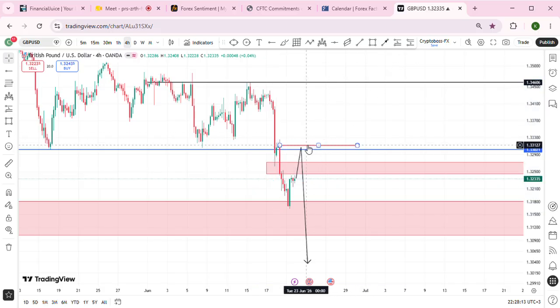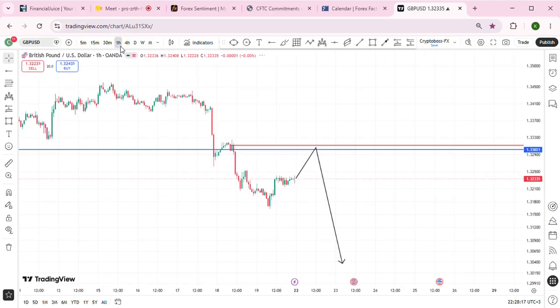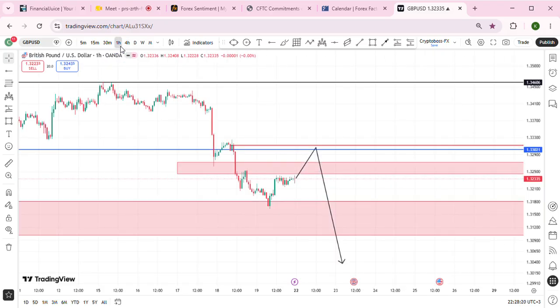That is on GBPUSD. So let's see whether 1 hour got something. So now coming to 1 hour, you can see the market tried to form an inverted head and shoulders. Market dropped, then it came up, dropped, came up, and this is how the market closed.